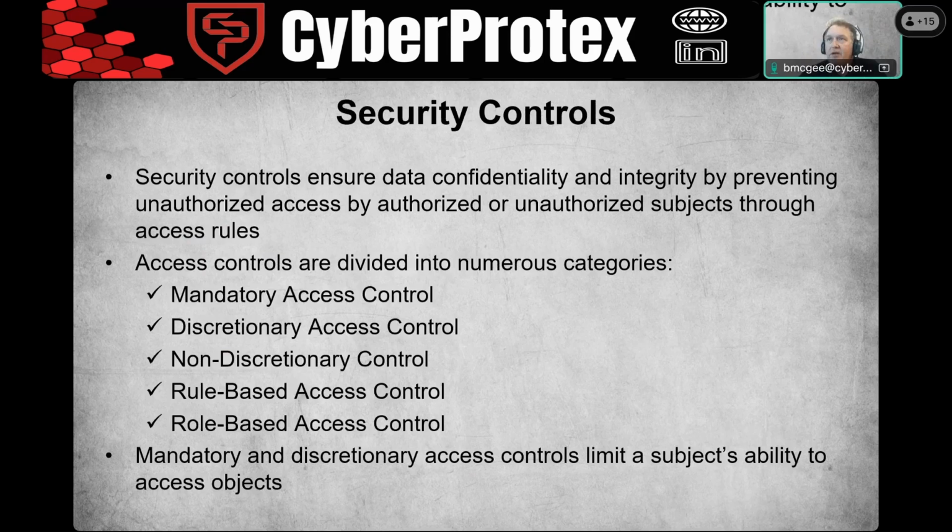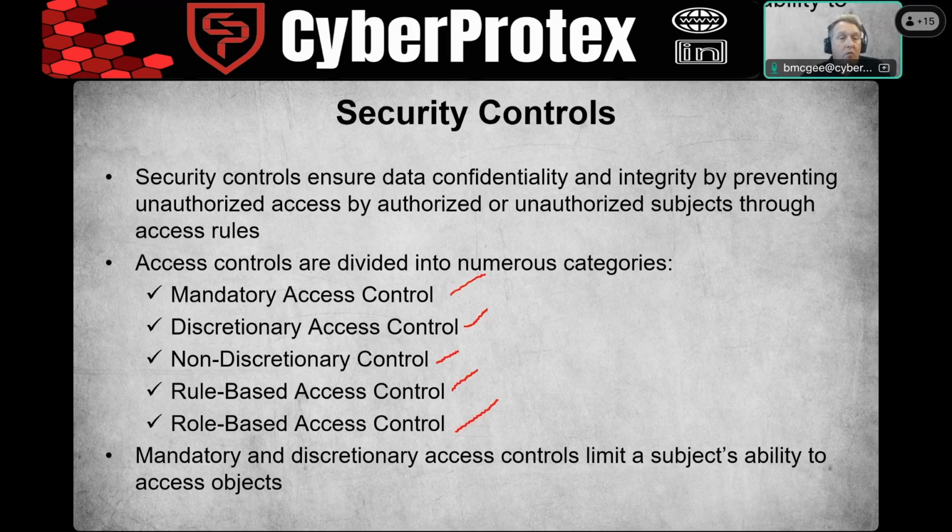We can prevent, we can detect, we can correct. But it's really broken down into a few different categories of access control, and we're going to talk about these more specifically when we get into identity and access management. At a high level: mandatory access control, discretionary access control, non-discretionary access control, rule-based, and role-based.